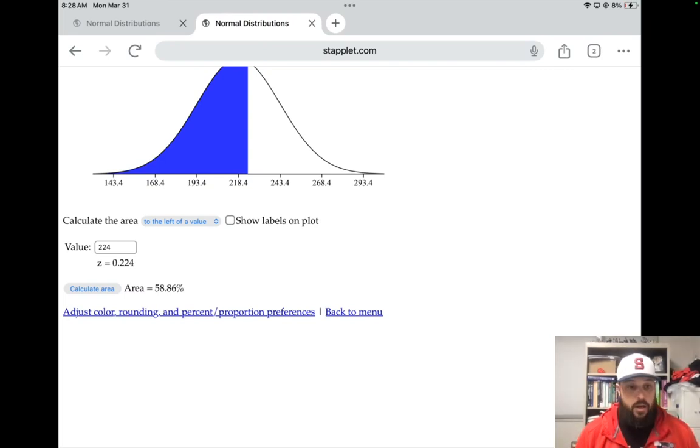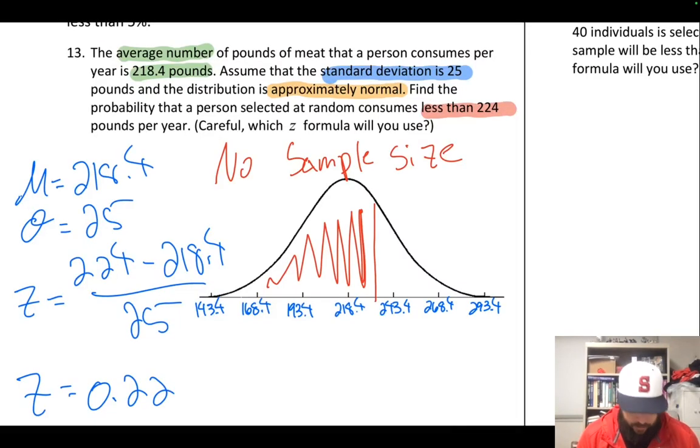And then we get our Z-score, 0.22, which matches, and then area 58.86. All right, giving us that 58.86%, which is also the probability that a person selected at random consumes less than 224 pounds per year.